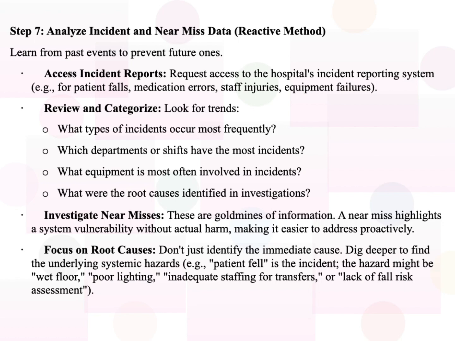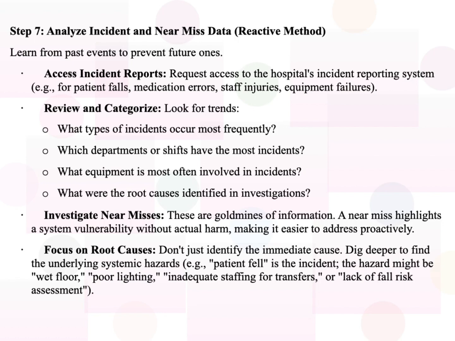Review and categorize. Look for trends. What type of incidents occur most frequently? Which department or shift has the most incidents? What equipment is most often involved in incidents? What are the root causes identified in investigations?